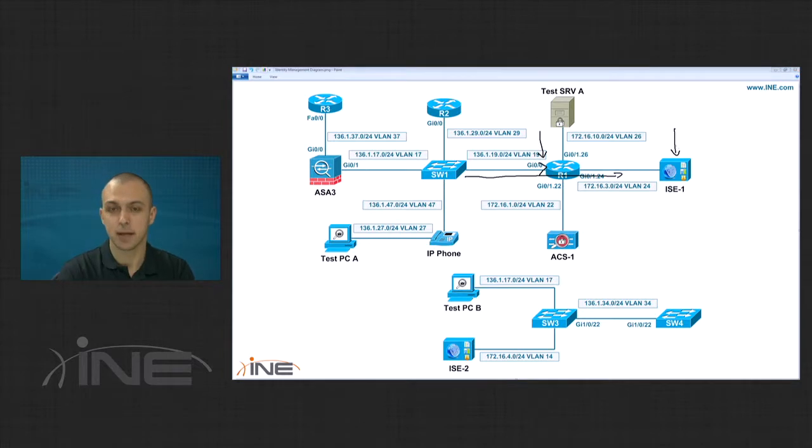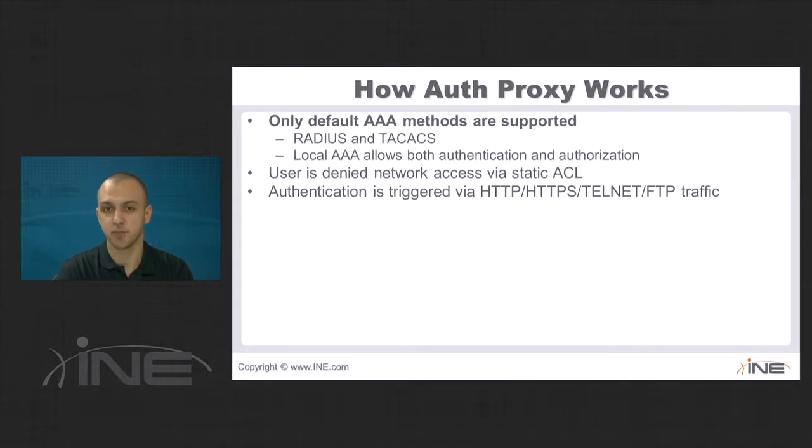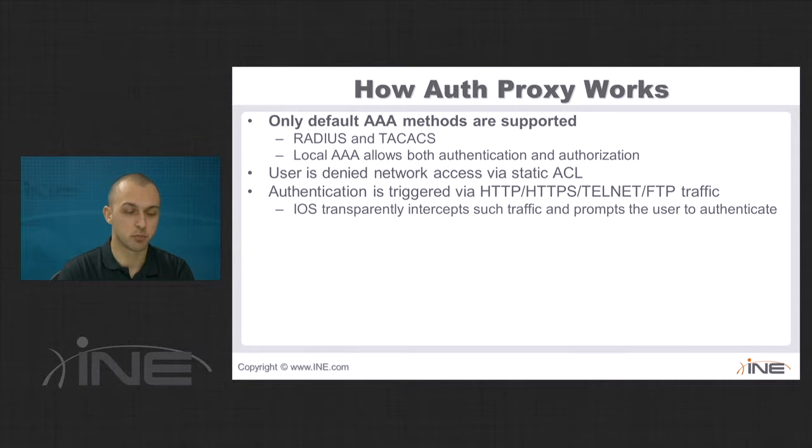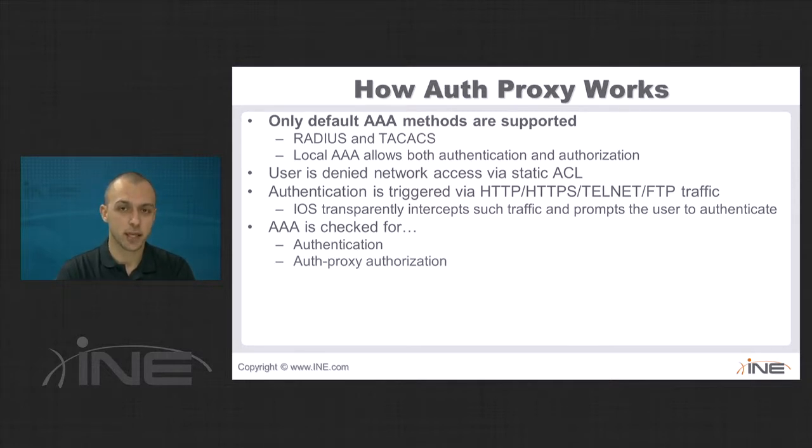And what will end up happening is that, based on my configuration, the router, which is R1, will intercept that session and force the user to authenticate. Once it successfully authenticates, it will be granted access to the network based on the authorization received from the remote Radius or TACACS server. So we want to configure both the authentication lists and the authorization list for the authentication proxy functionality.